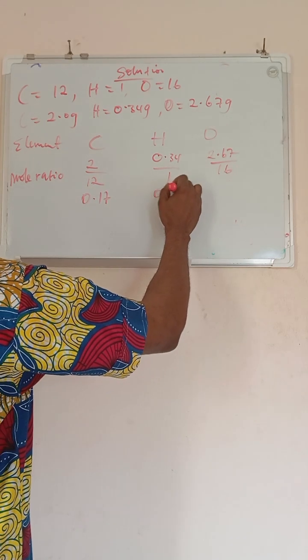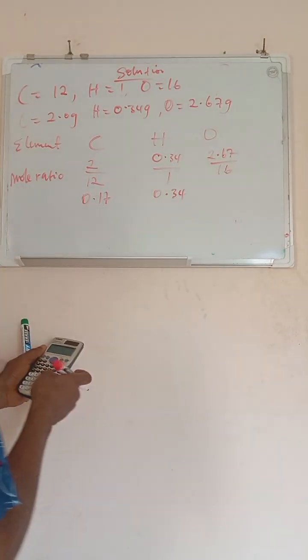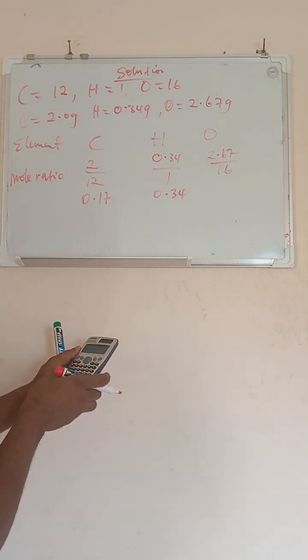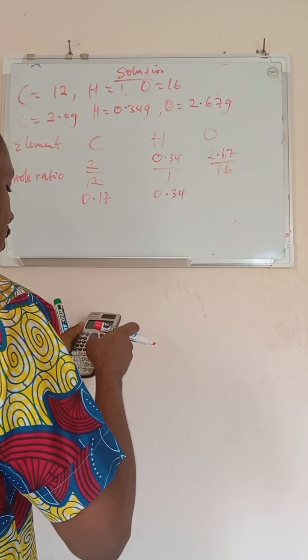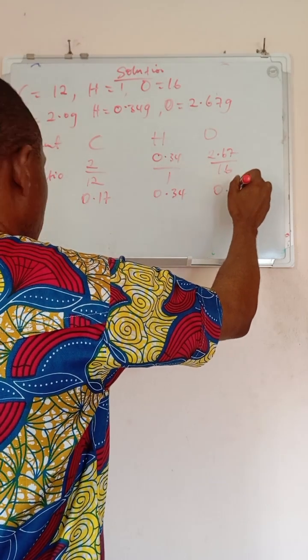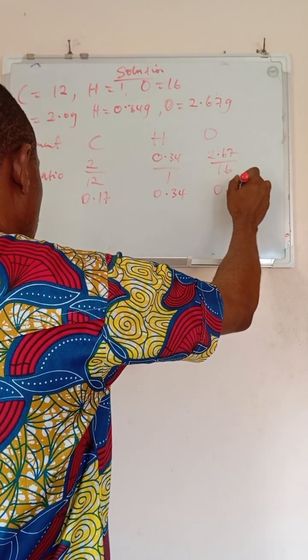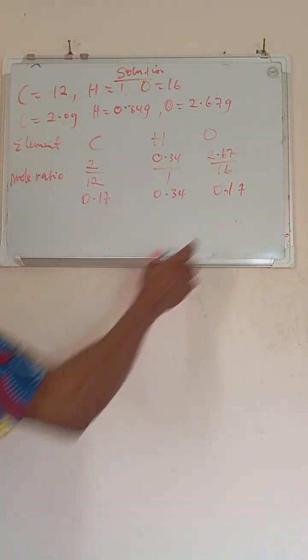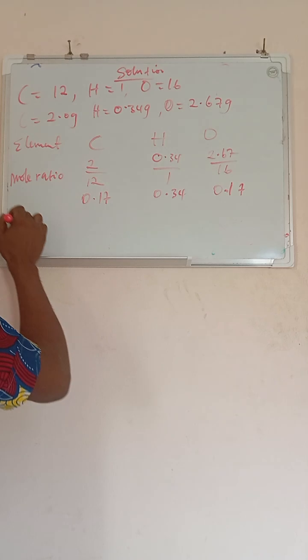This is 0.34. 2.67 divided by 16 will give you 0.17 approximately.